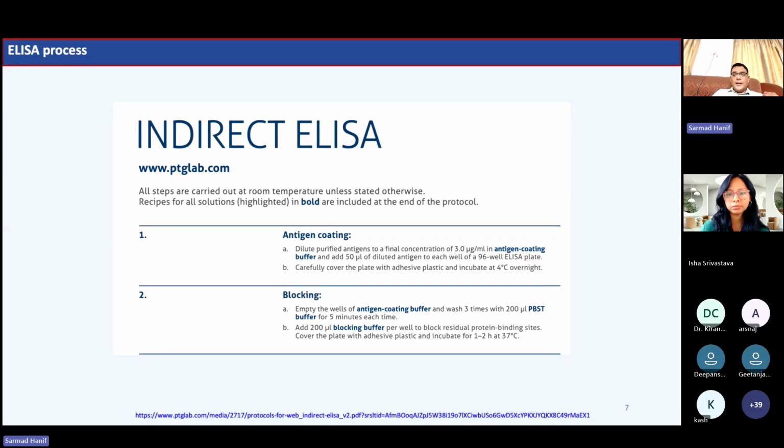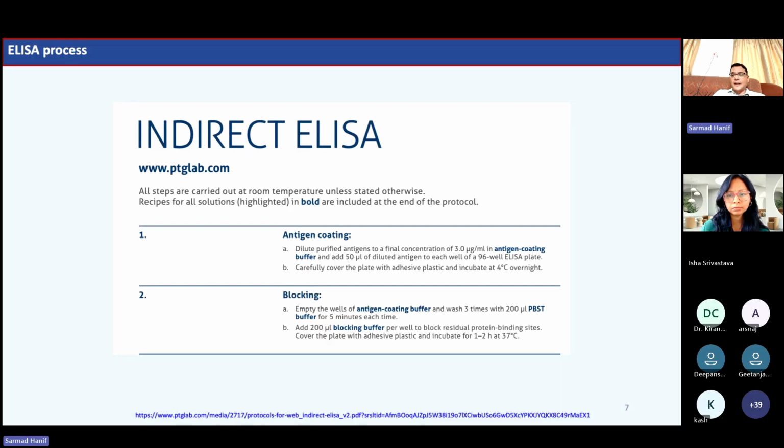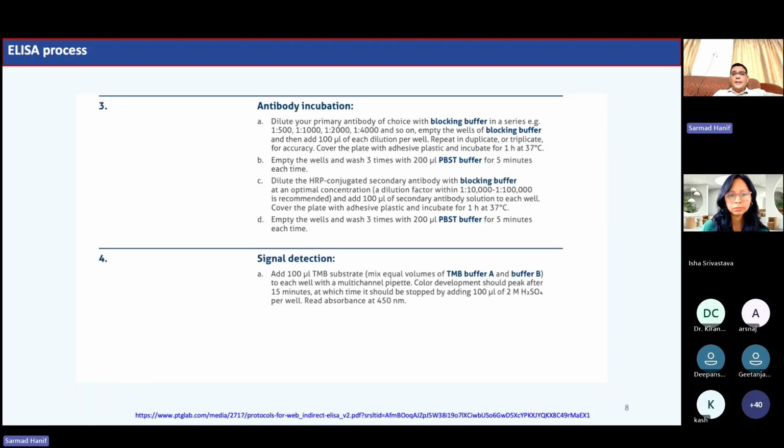Okay. Now, this was the first and second step. Now you have the third and the fourth step. In the third step, you do the antibody incubation. Remember, once you coat the antigen, you do the blocking, and then you do the washing, you put the antibodies. What are the antibodies here? These are the primary antibodies, either from the sera of the mice or from the human samples.